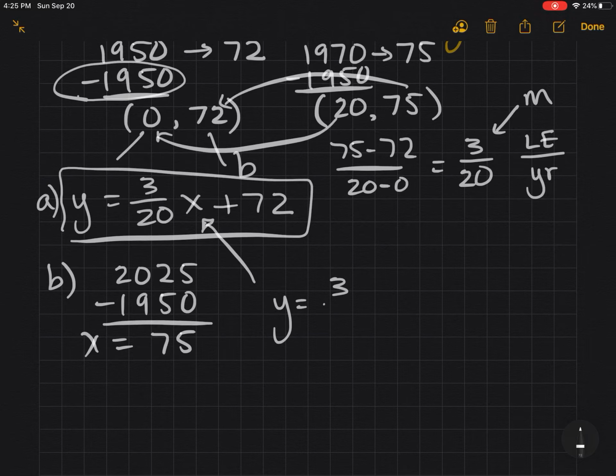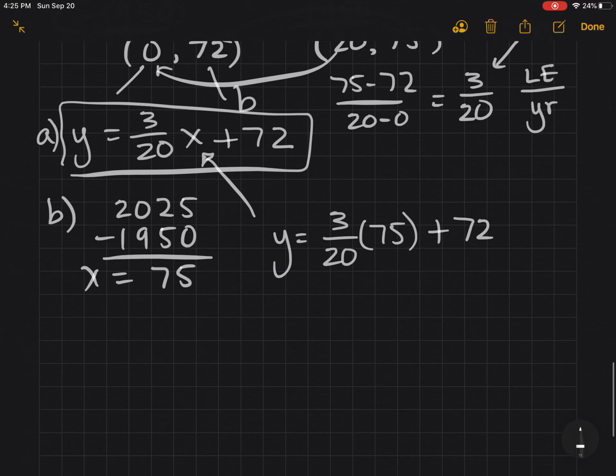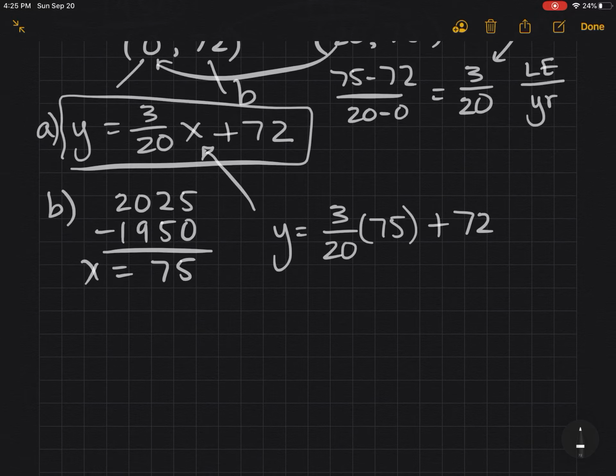Y equals 3 over 20 times 75 plus 72. And we can punch that right in the calculator. And you'll get Y equals 83.25.